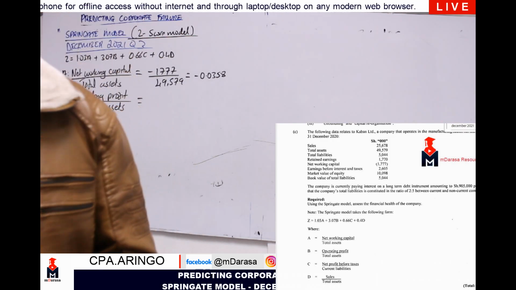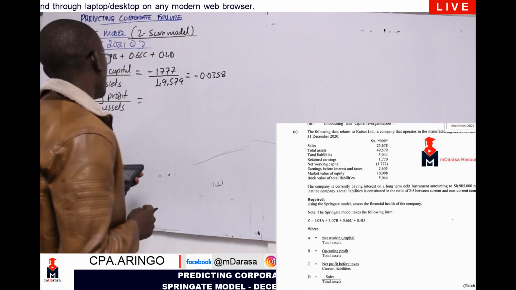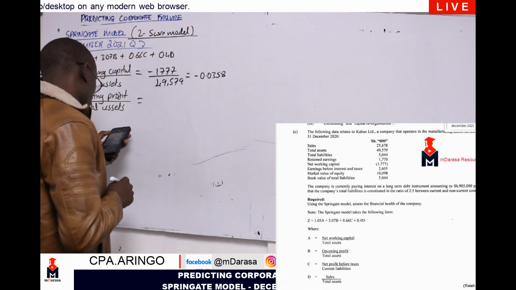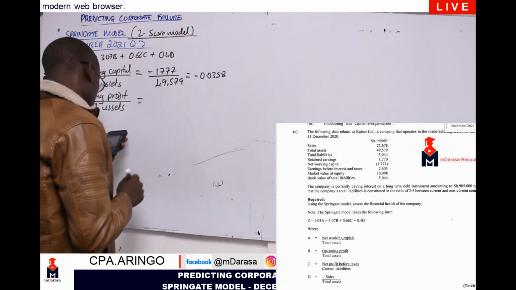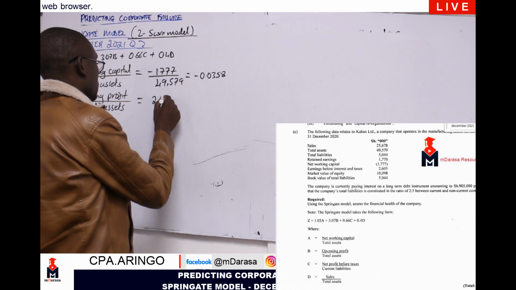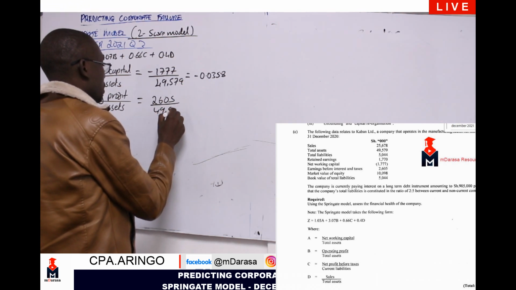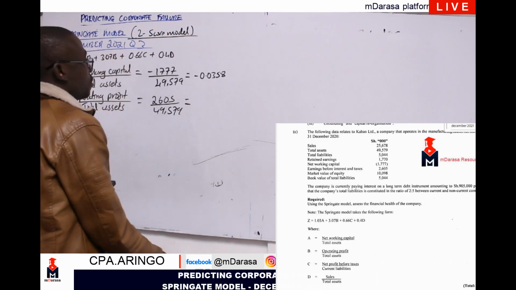Look at that question clearly. So earnings before interest and tax, that is operating profit that we normally tend to talk about. So my EBIT, 2605, divided by total assets, 49,579.